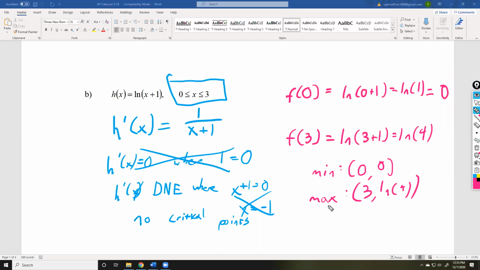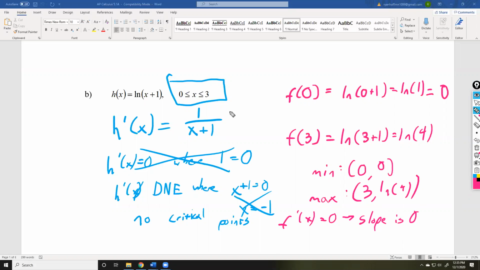So while you're finishing writing that down, I'm going to talk about why we are interested in where f prime is 0 and where it does not exist. Because f prime of x equals 0 means the slope of the tangent line is 0, so we have a horizontal tangent.